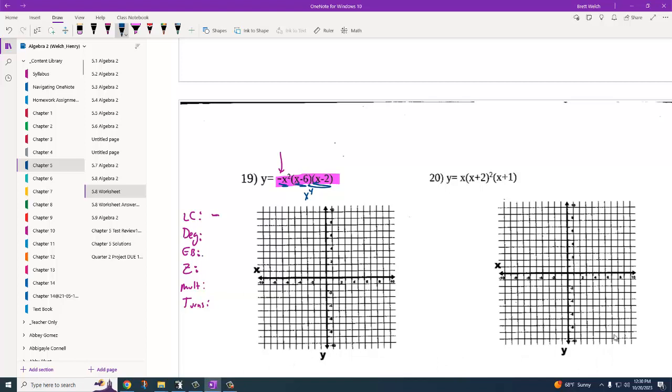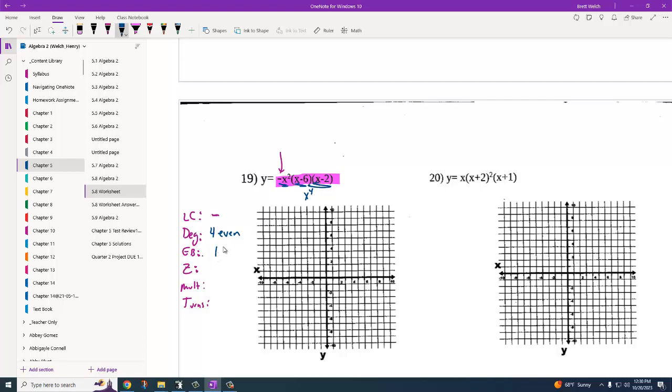Because this is an x to the fourth, we can say that the degree of the polynomial is 4, which is even. Now all you really have to do is count the x's if it's in this factored form. 1, 2, because you got to double count the square, 3, 4.